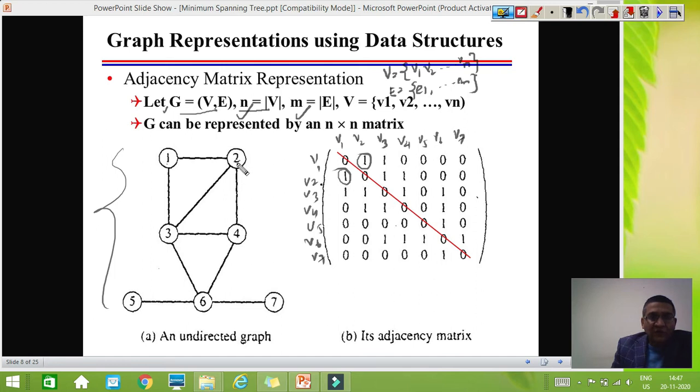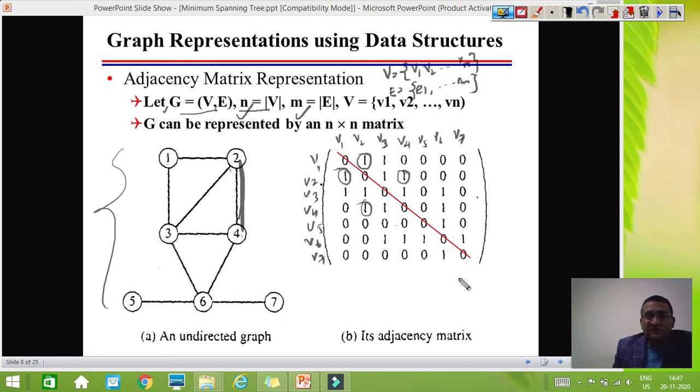Now if I look at 2 and 4, so 2 to 4, you have to read from row to column. So 2 and 4, if you look at this, there is one entry here because this represents this edge. Similarly, 4 to 2 is also there. Now what does it mean? It means this is a mirror image of this side.